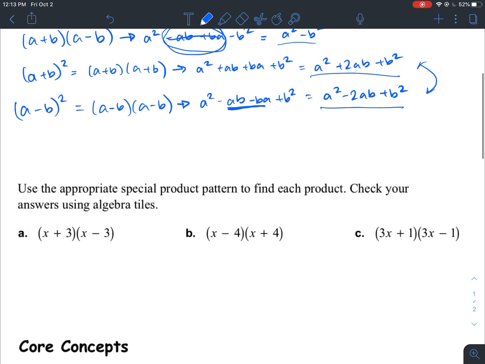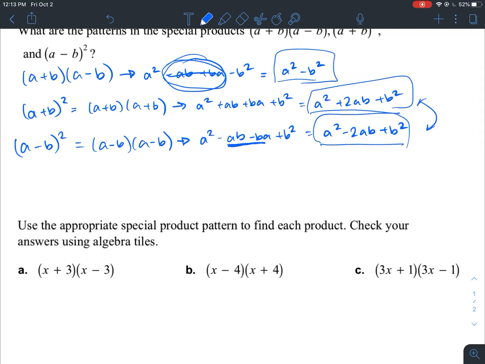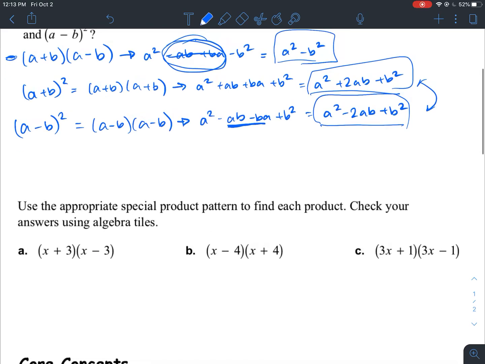So if we come down here and use what we have up here, let's think of these right here. Okay? So right here, we have two of the same polynomials, except for the fact that this is plus and this is minus. So that's similar to what we had in this first example right here. So we had a squared minus b squared. So in our example here, a is equal to x, and b is equal to 3.